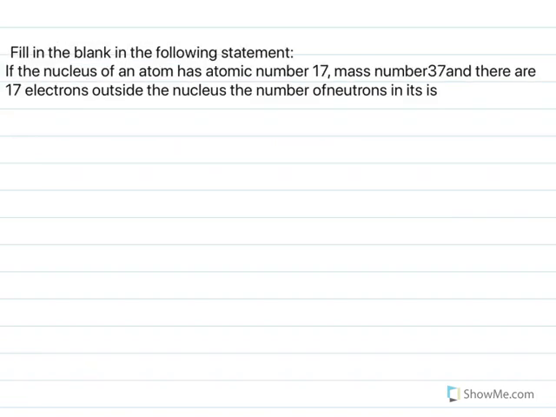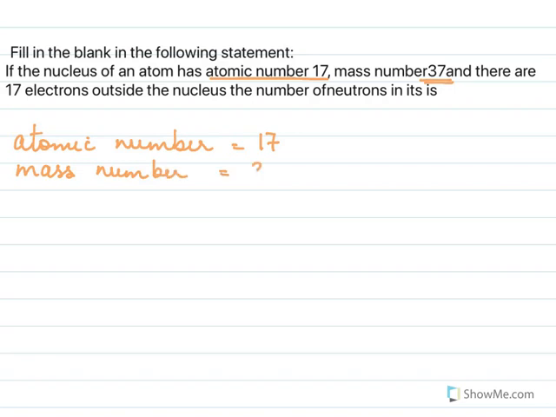If the nucleus of the atom has atomic number 17, mass number 37, and there are 17 electrons outside the nucleus, the number of neutrons in it is blank.